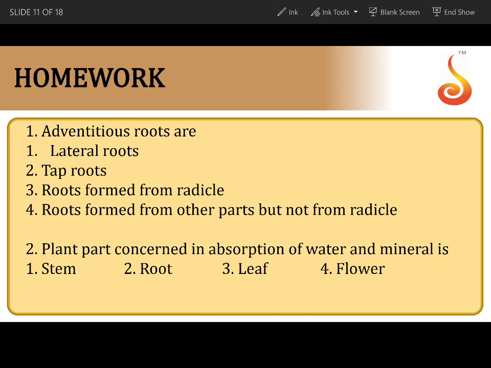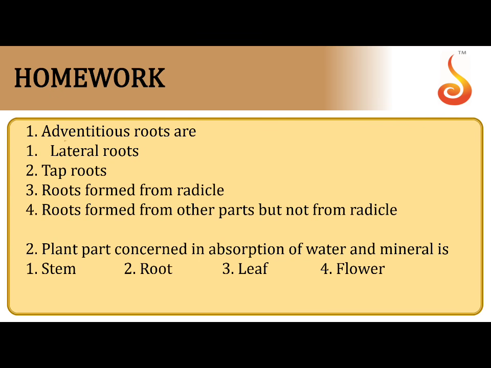So, the first question, adventitious roots are: lateral roots, tap roots, roots formed from radicle, roots formed from other parts but not from radicle. Question 2, plant part concerned in absorption of water and mineral is: stem, root, leaf, flower.